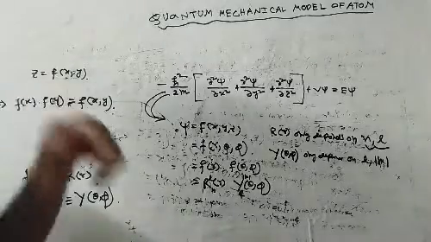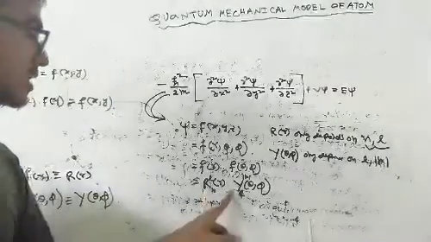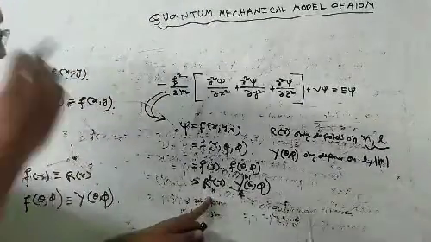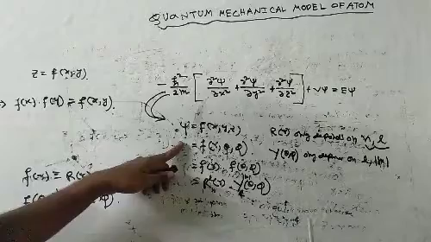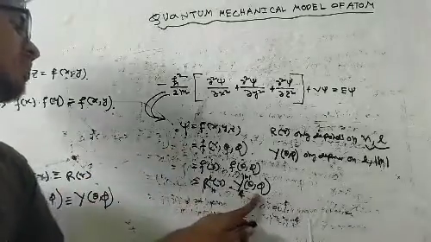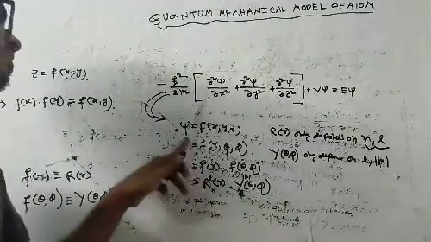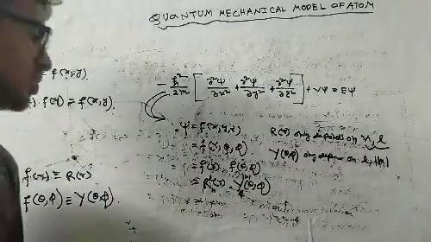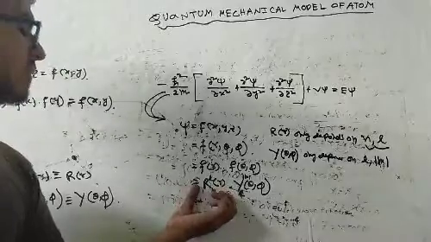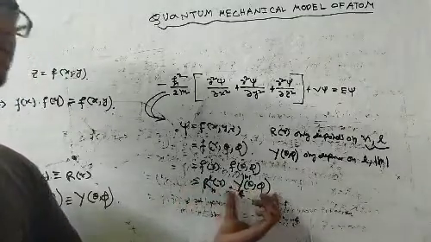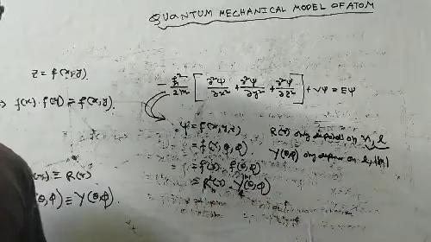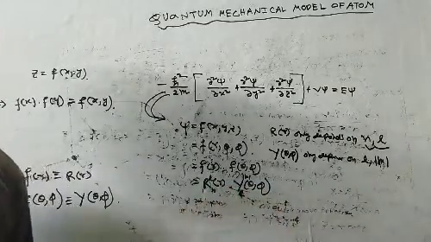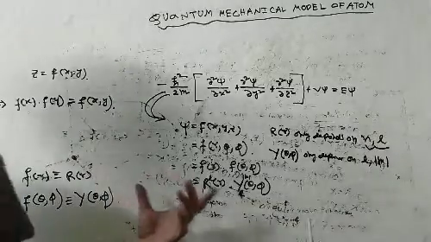Let's say the value of the radial wave function is 0, then psi will be 0, and if the angular wave function is 0, then psi will also be 0. So psi can be 0 in two cases: where the radial wave function is 0 but the angular wave function is not, in that case psi is also 0. And if the angular wave function is 0 but the radial wave function is not, in that case also psi is 0.